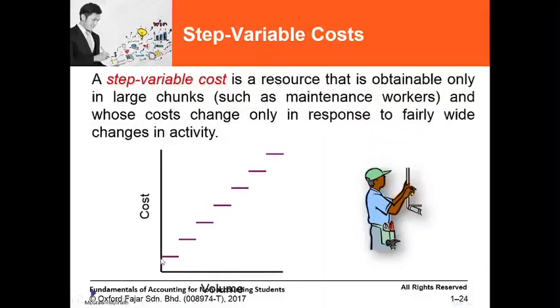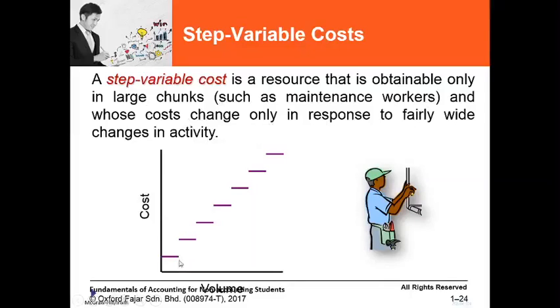So this is what we call step variable. It still varies according to the volume, with some straight lines in between these activities. A step variable cost is a resource that is obtainable only in large chunks, such as maintenance workers, and whose cost changes only in response to fairly wide changes in activity.